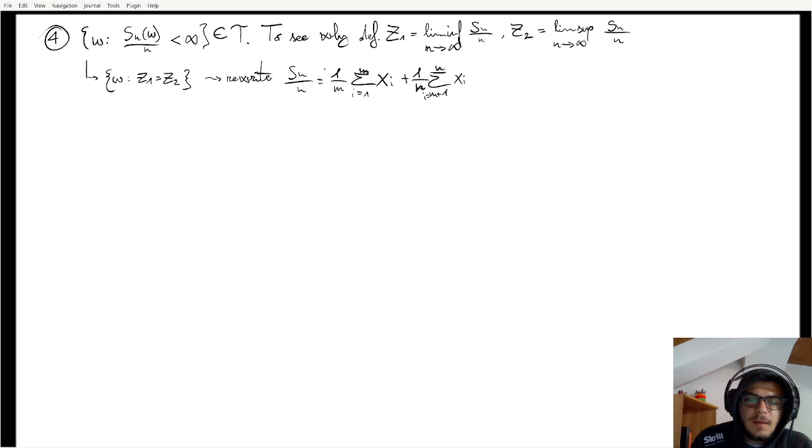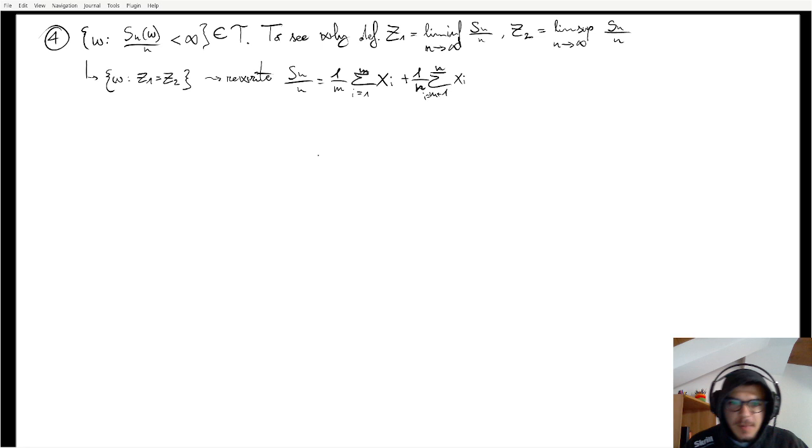So we split this sum into the first m variables and the second part, starting from m plus 1.